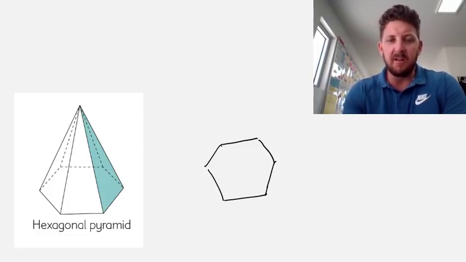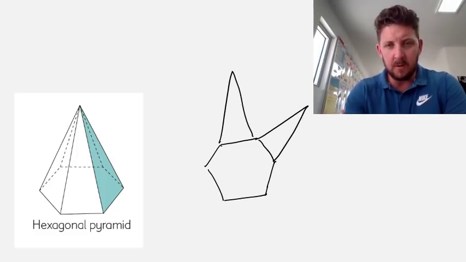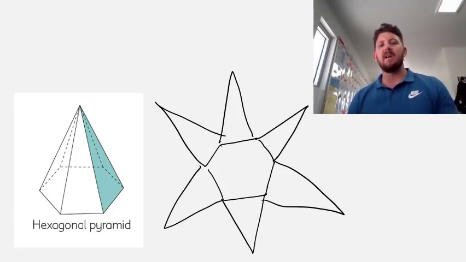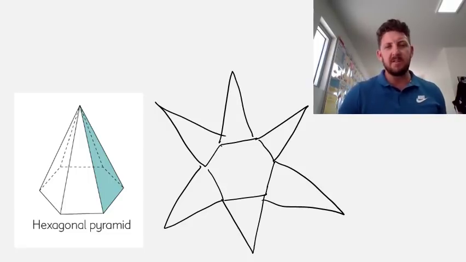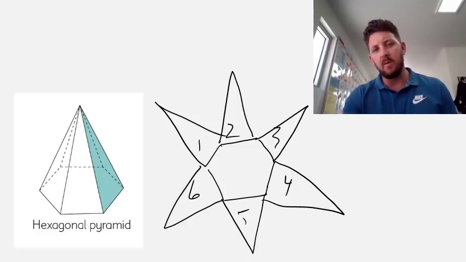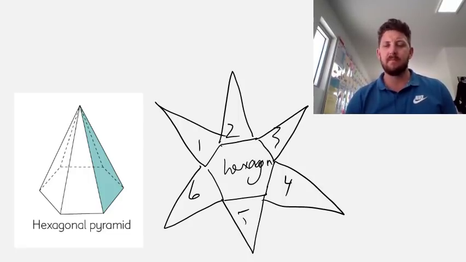It has 6 sides. 6 sides means 6 triangles. 1, 2, 3, 4, 5, 6. You can see there that I have 6 triangles to go with my hexagonal base, which is a hexagon.